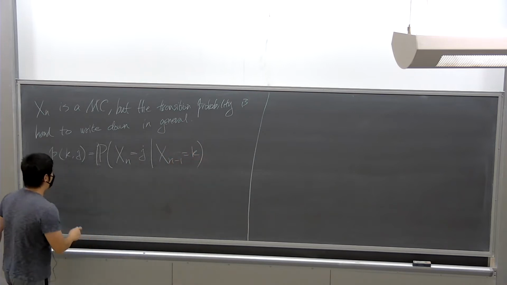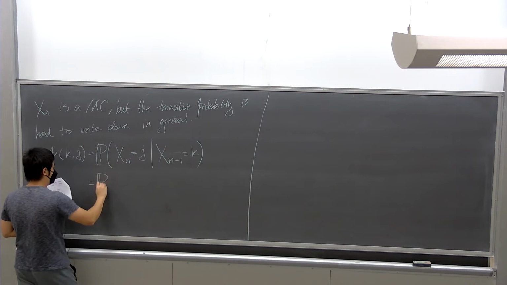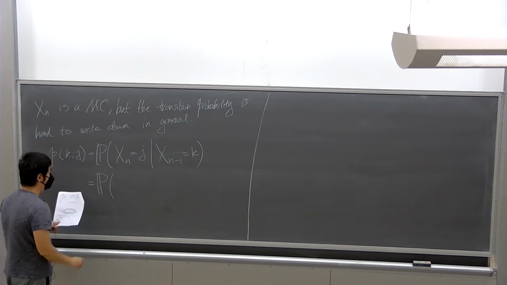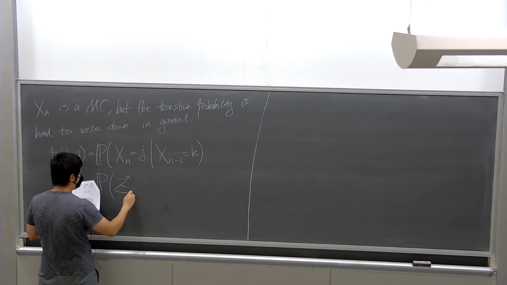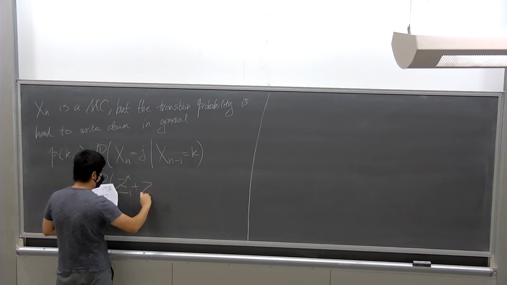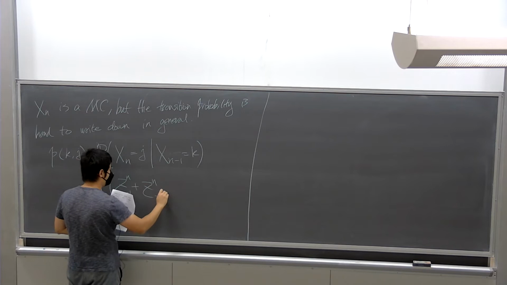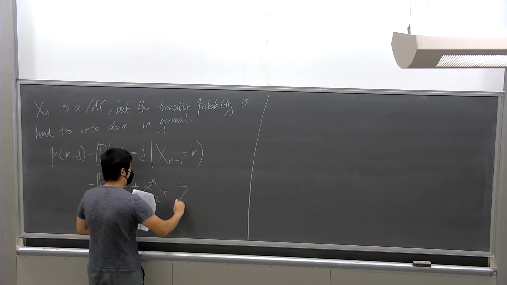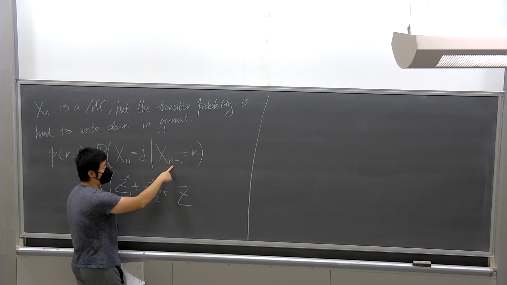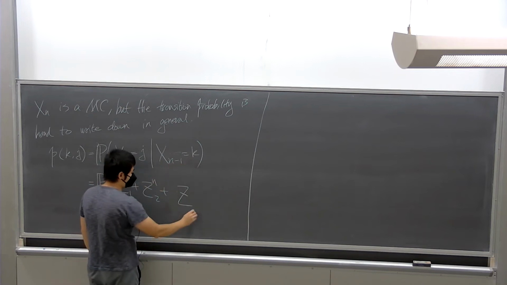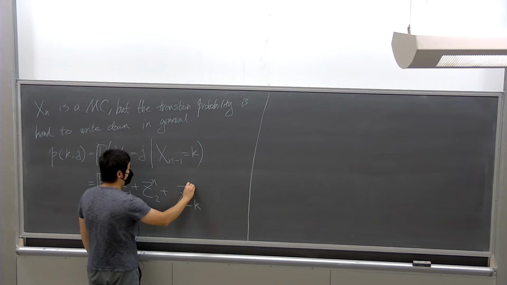And just using that formula over there, this just means the probability that we have Zn1 plus Zn2 plus all the way to Z. In this case here, we know that in the previous time step, there are in total K individuals. So the index here would go to K at time n, right?